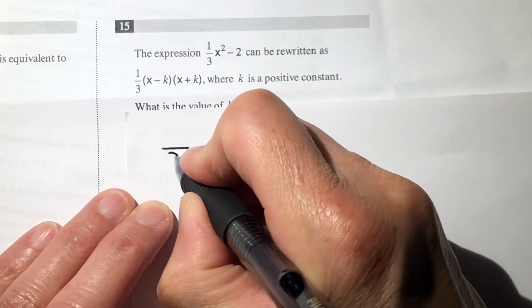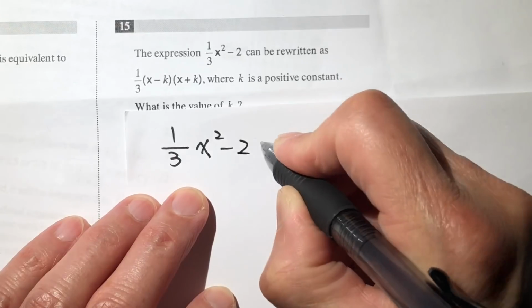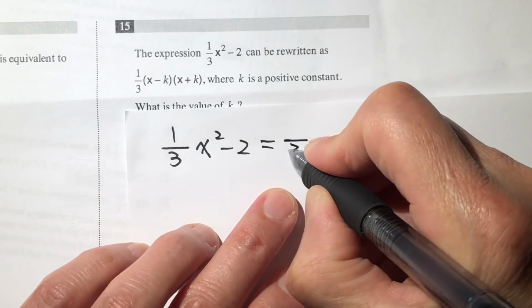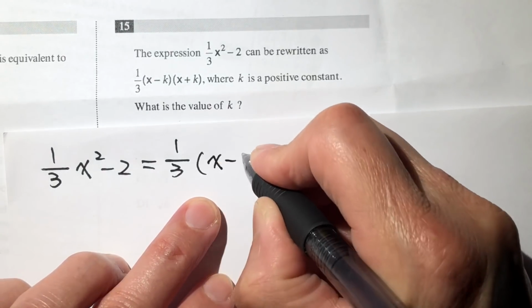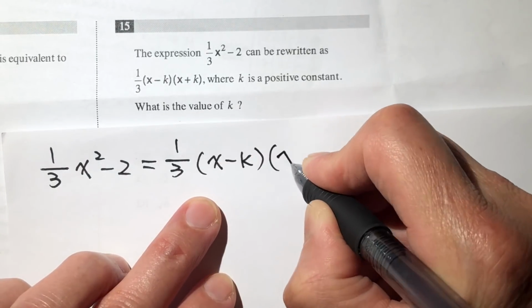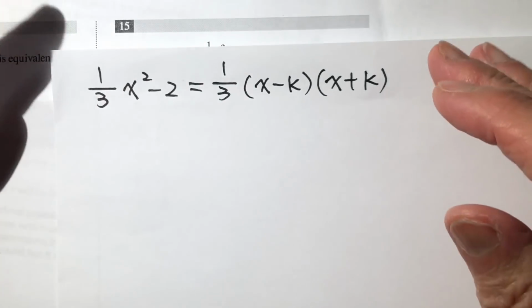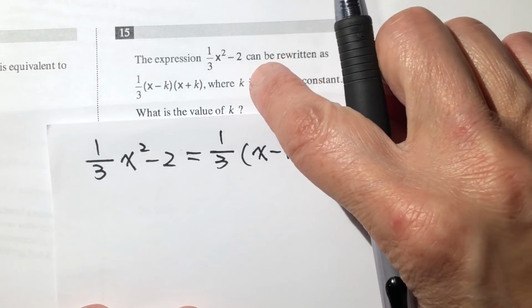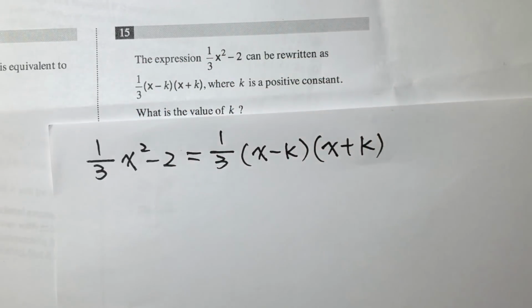So 1/3 of x squared minus 2 equals 1/3 of x minus k times x plus k. Right? Beautiful, elegant. Without 'can be written as the expression.'